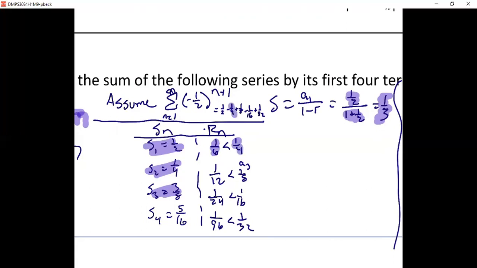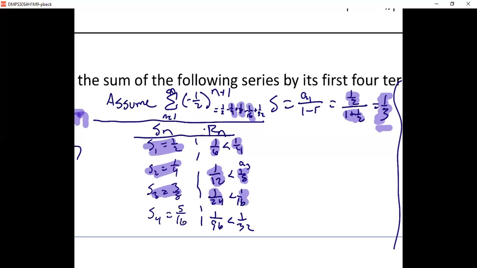Then if I add those two together, the second partial sum is 1/4. The difference between 1/4 and 1/3 is 1/12, which is less than the third term, 1/8. One more time: my third partial sum is 3/8. The difference between 3/8 and 1/3 is 1/24, which is less than the next term of 1/16.